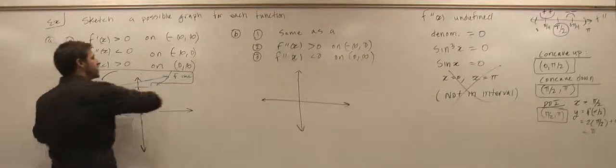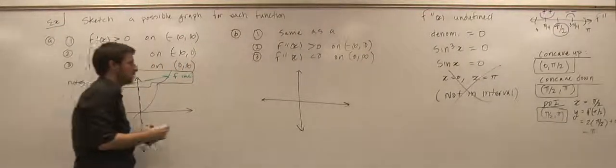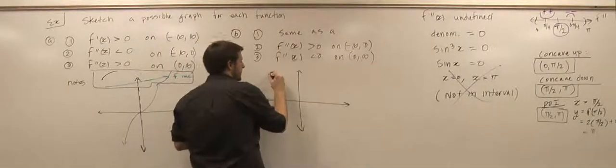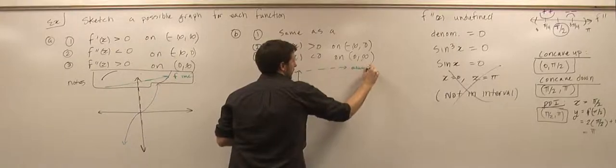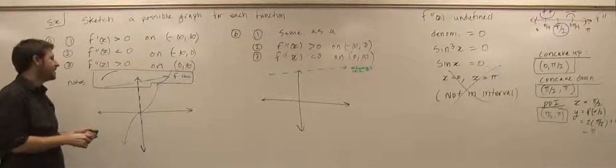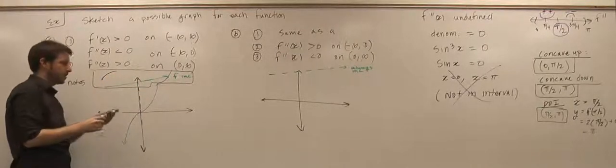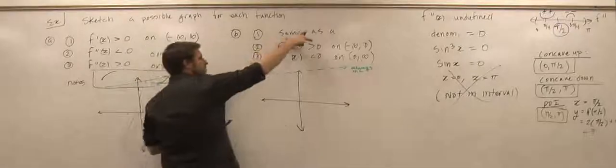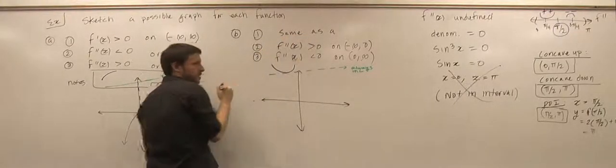So because this first condition is the same as A, because I'm always increasing, my function always has to be going up. But also my concavity is going to have to max out at the peak here. So what I mean is this portion is concave up, which looks like this.